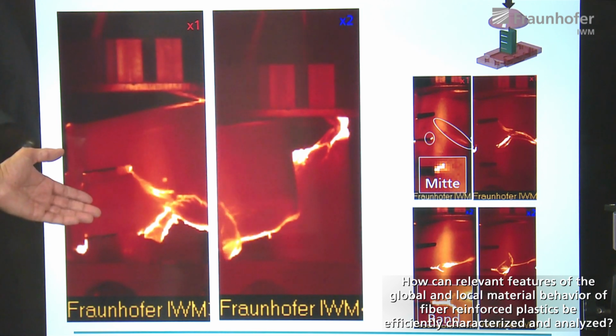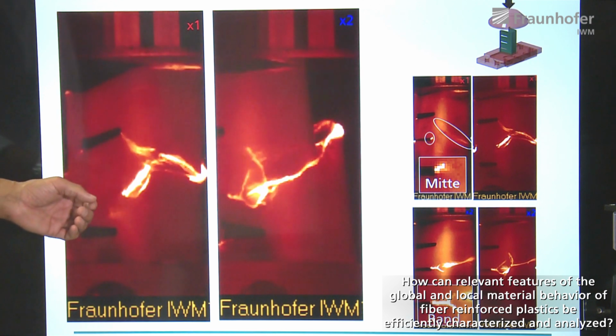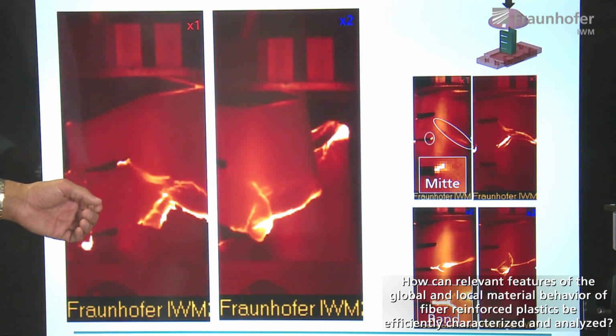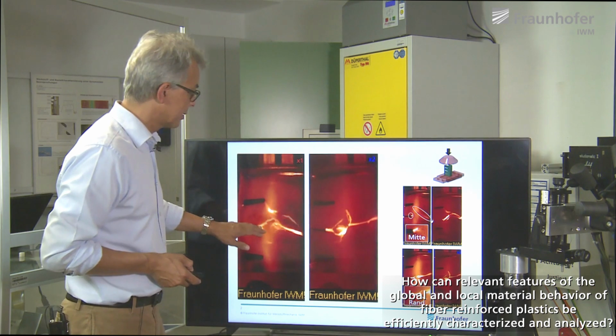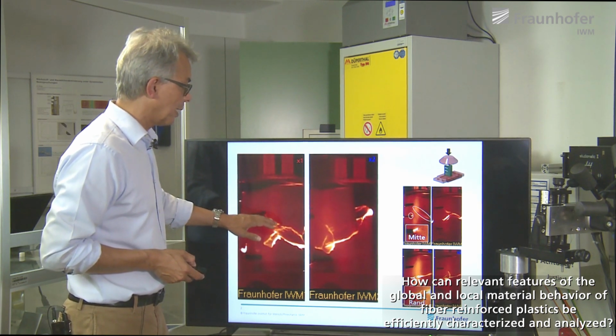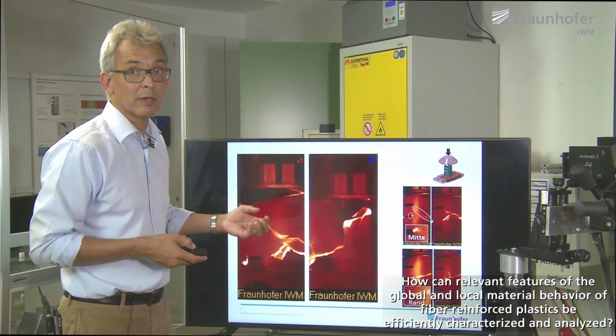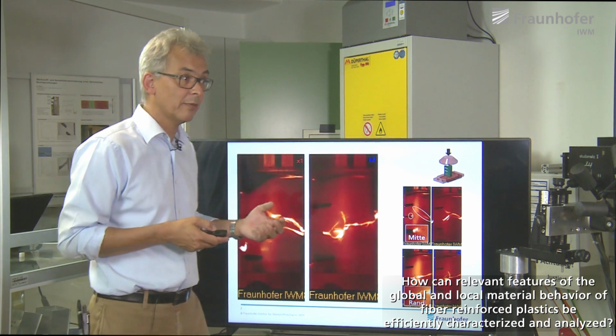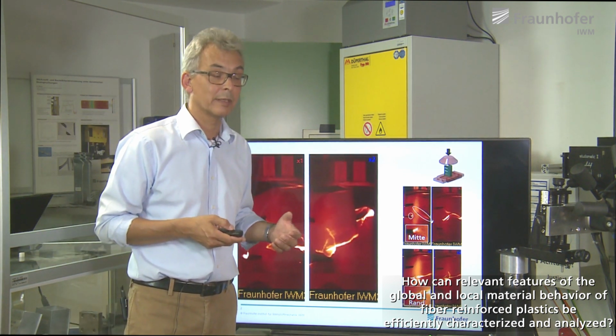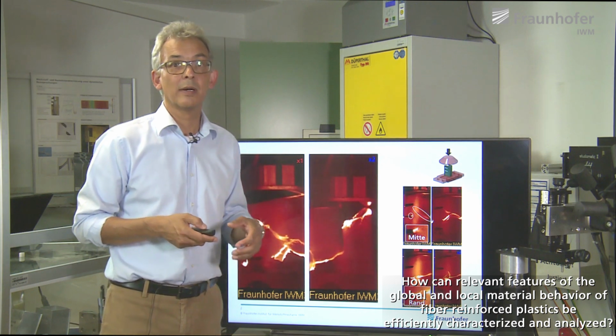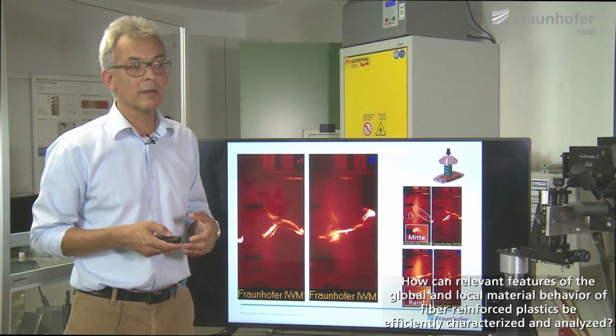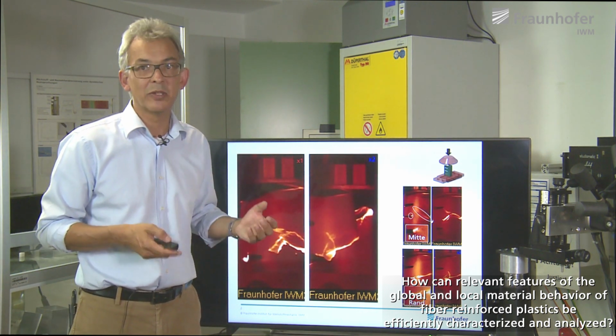And you see under these high loading velocities the regions which are heated up in the material. So the quick heating up of the material is a measure for the energy which is dissipated by damage.